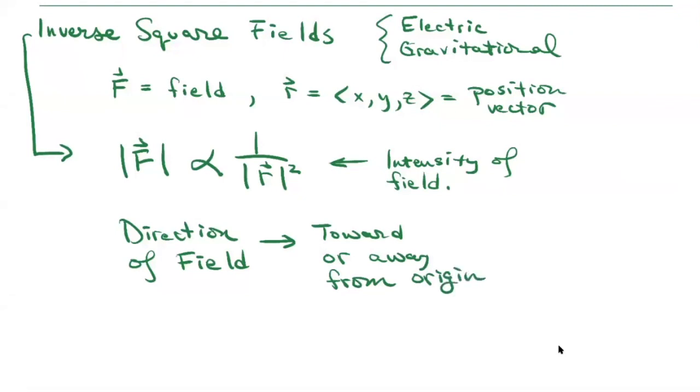So we'll have to use a unit vector, that's just R over the magnitude of R. So this is just a unit direction vector.